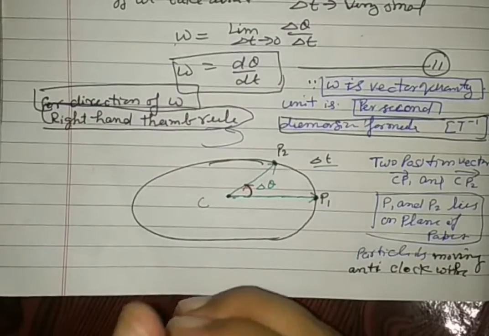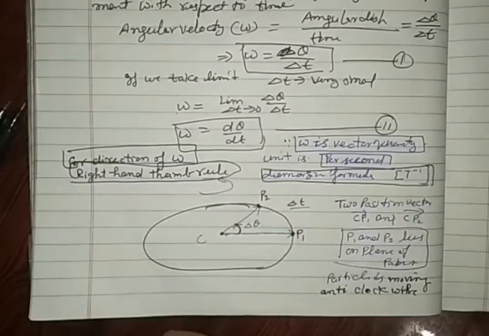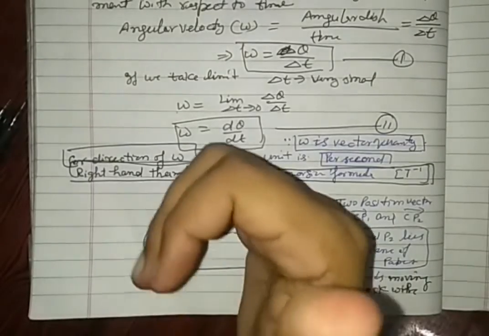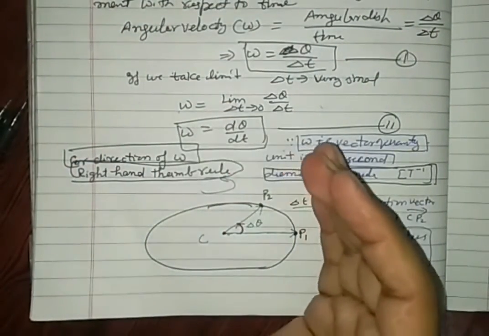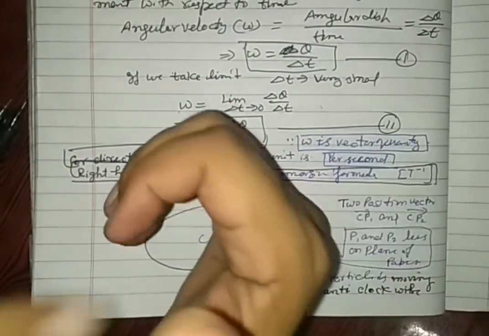So see my rule, using my forefinger and thumb. The forefinger is along the motion. It is anti-clockwise, so I am making the forefinger go in a circle anti-clockwise. If it is clockwise, we have to rotate it the other way.